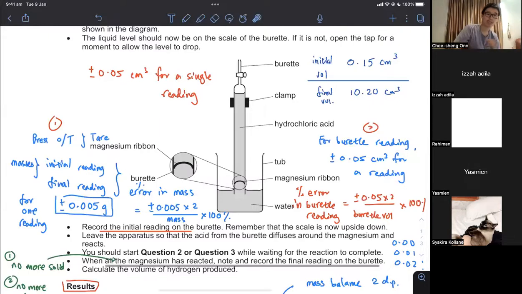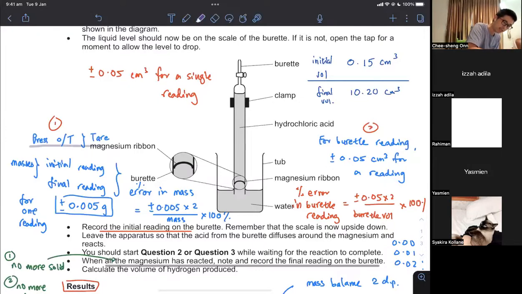Same thing with the masses. Remember when you weigh the mass of the magnesium ribbon, you could measure it on top of the mass balance. Then you say, but I'm doing one reading only. I'm just putting the magnesium ribbon straight away on top of the mass balance, right? There's just one reading. But what did you do before you do that?